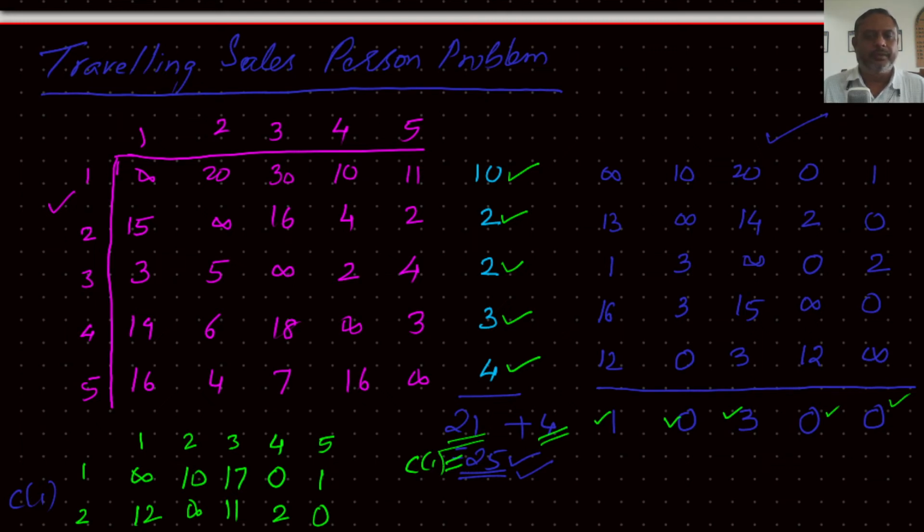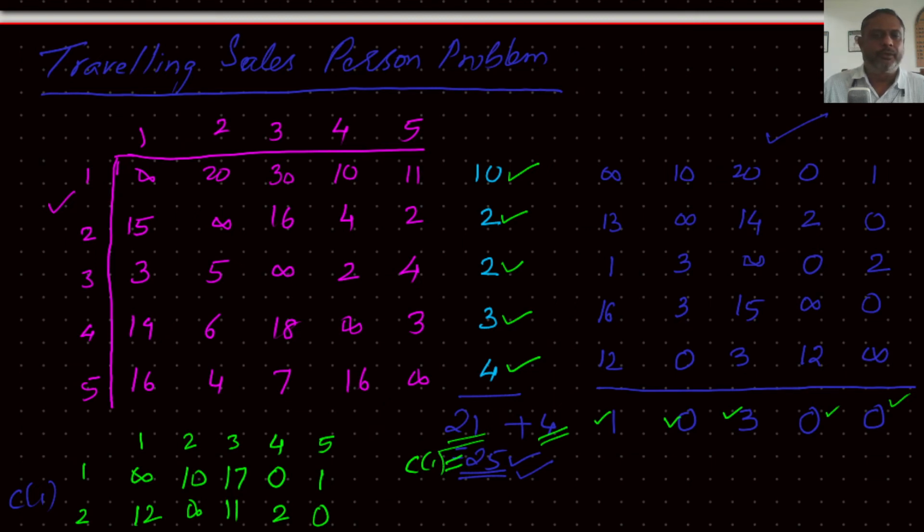So this becomes 1, this becomes 0. Now column wise 0, 0, 0. So total is 11. So the cost of 1 4 5 will be cost of 4 to 5 plus cost of 1 4 plus cost of 5.